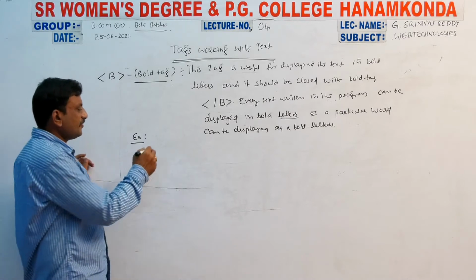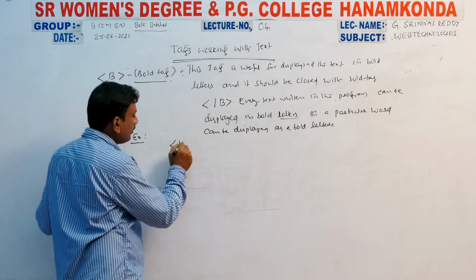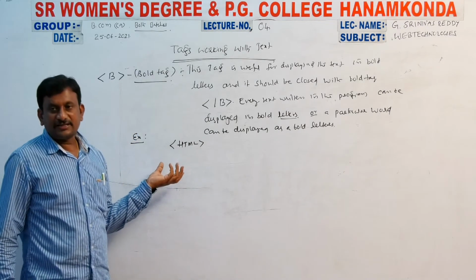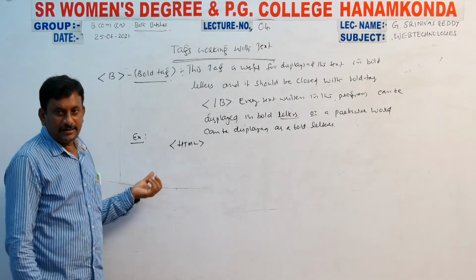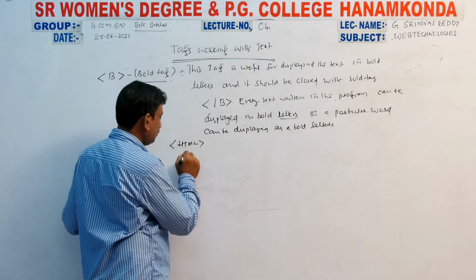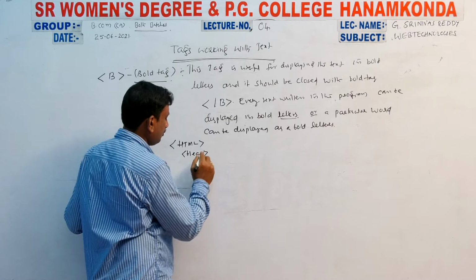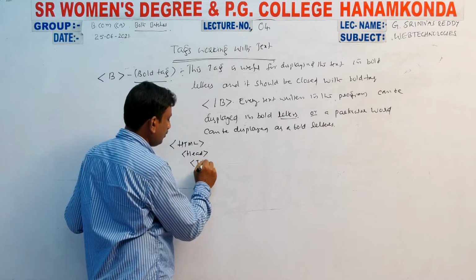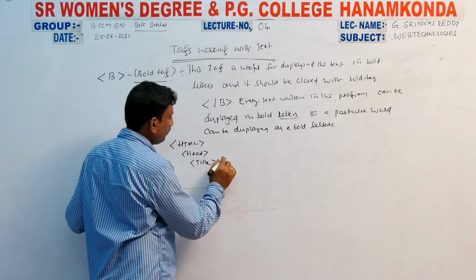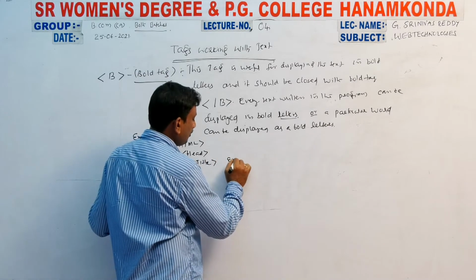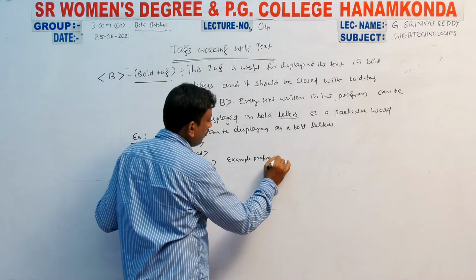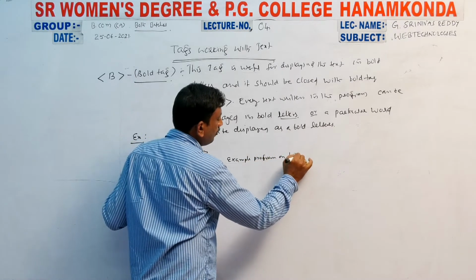For example, start with HTML. As you wish, you can write either capital letters or small letters. Then head, title, example program on bold tag.